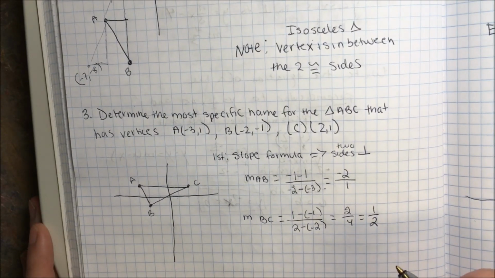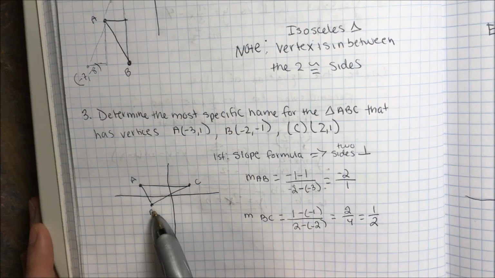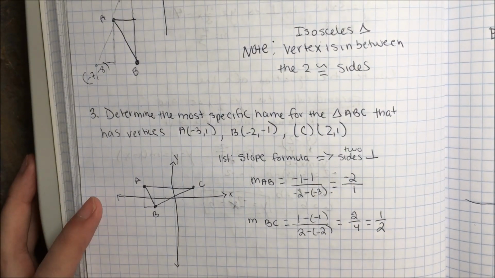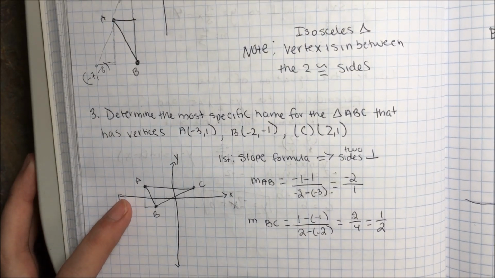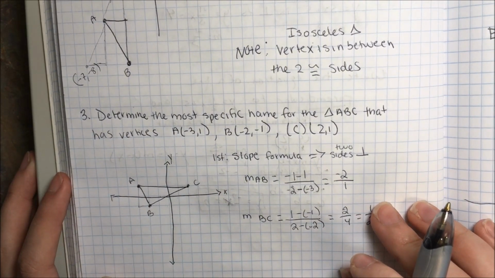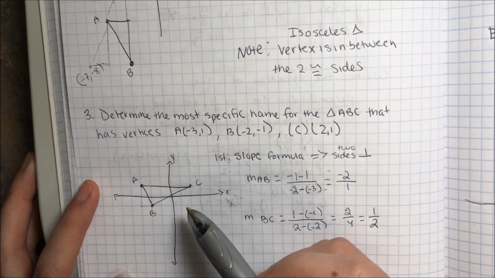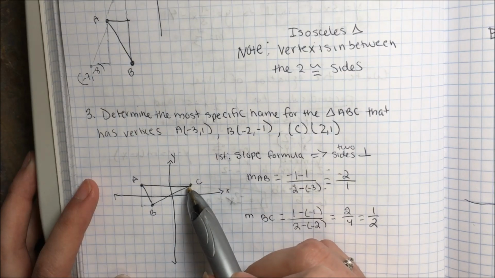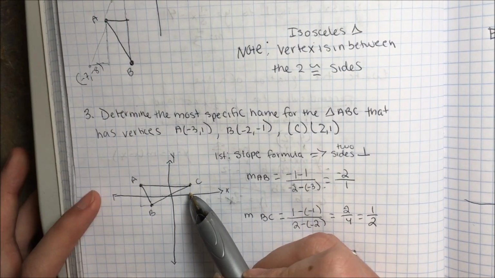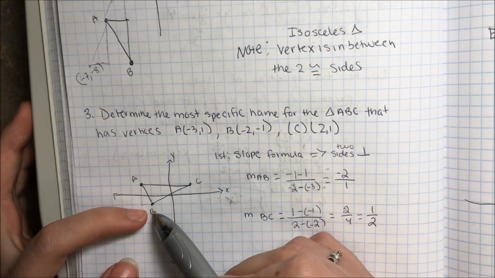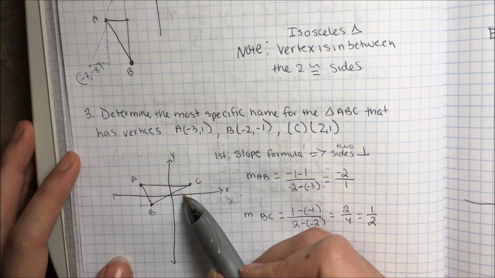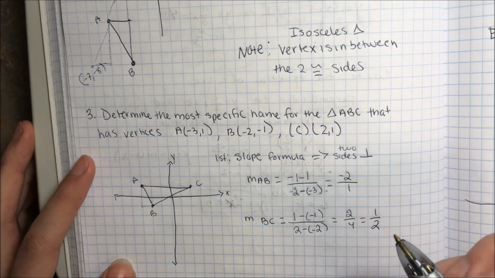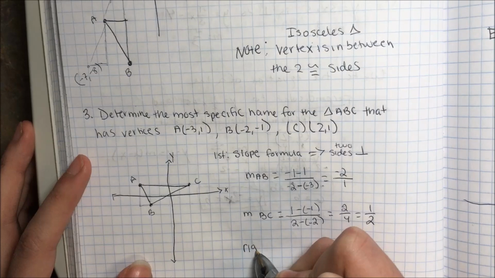So by looking at our triangle, we know that AC is going to be our longest. So AB and BC can't be equal to it. By looking at it, we see that AB and BC are not the same length. So since none of the sides are the same, then we know that it can't be isosceles. So this has to be a right triangle.